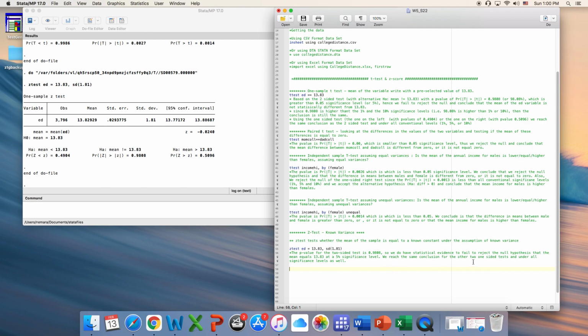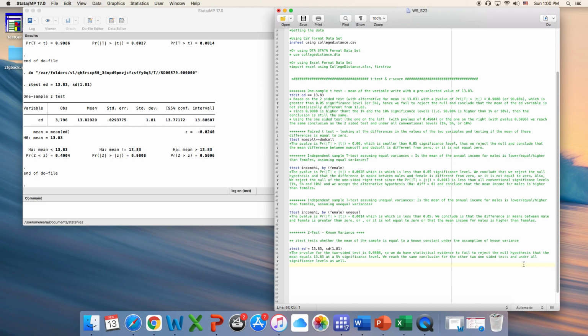We reach the same conclusion for the other two one-sided tests and under all conventional significance levels as well. So whether I'm talking about one-sided tests or the other significance levels, under any situation, we fail to reject the null that the mean is equal to 13.83.